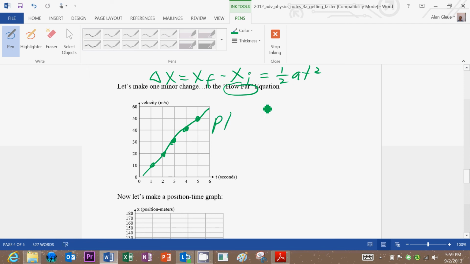I want to make a small change though to this idea, and let me erase what I just did. Let me ask you if you've ever done this. I bet you have. Let's say you're coming up to a stoplight and you see it's red in front of you, and you anticipate the stoplight turning. Do you know what I mean by that? You see it's red, so you slow down, but it looks like it's about ready to turn green.